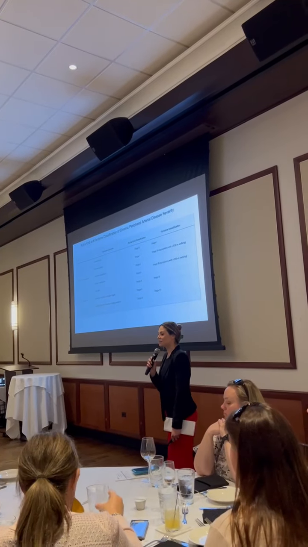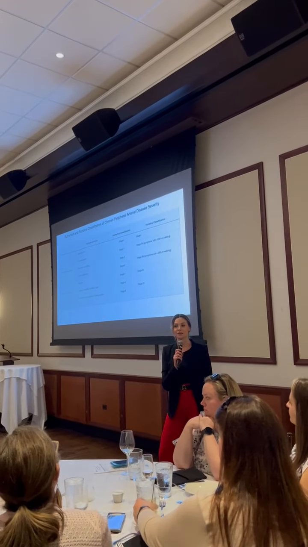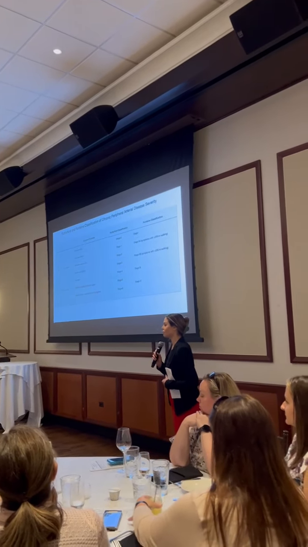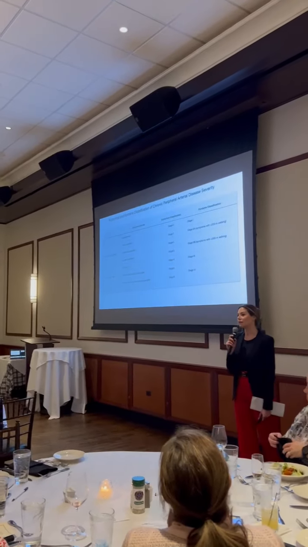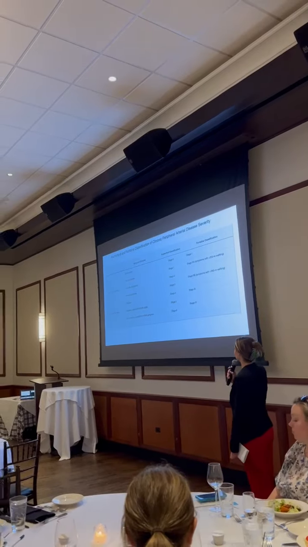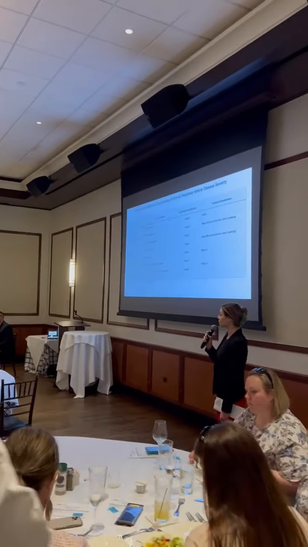Just a quick reflection for classification systems. These are the 2 main systems that I use, and this is a way to interact with all of our teams. If someone comes up to me and says, I have a Rutherford stage 3, what does that mean? And what does that mean in terms of critical limb ischemia or intermittent claudication?